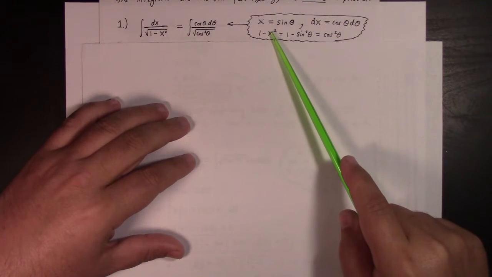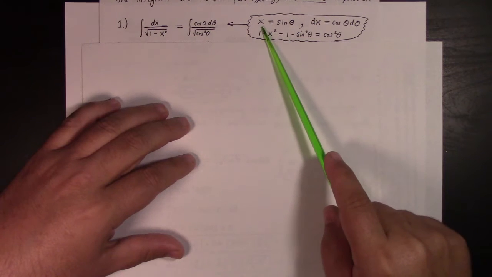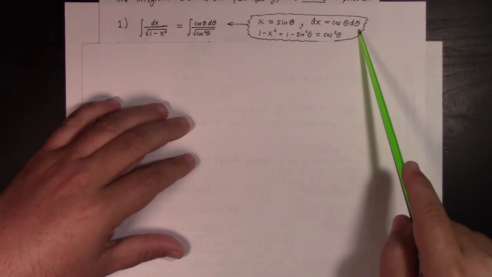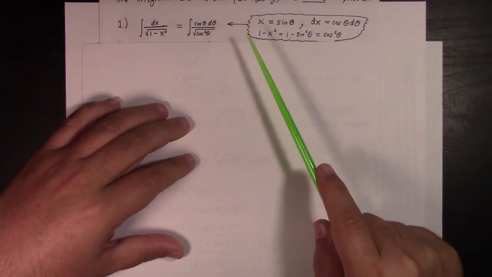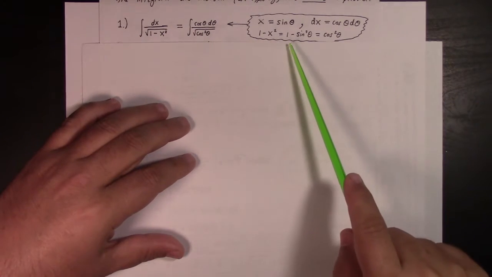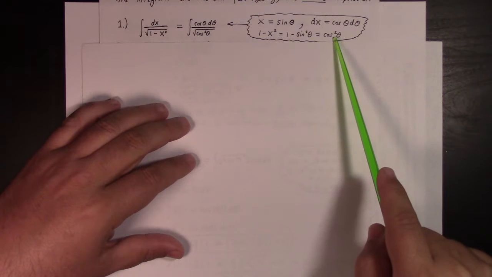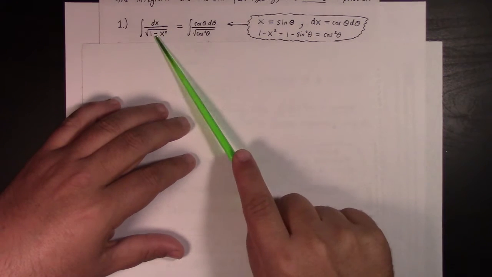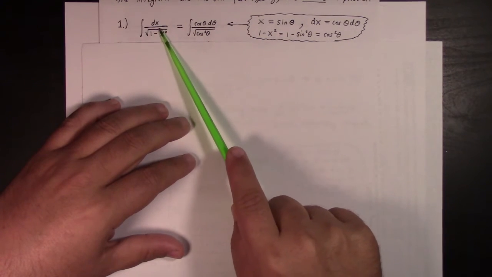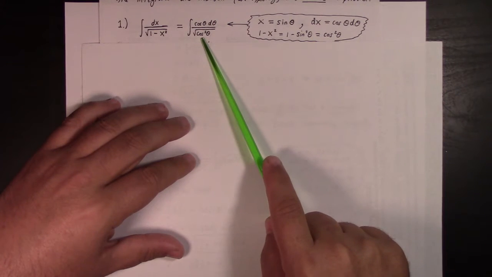Anyway, so if x equals sine theta, when differentiating gives me dx is cosine theta d theta. 1 minus x squared is 1 minus sine squared, and see that 1 minus sine squared is cosine squared. That's the whole reason that we made this substitution, so that we can trade this sum of things under the square root for a square under the square root.